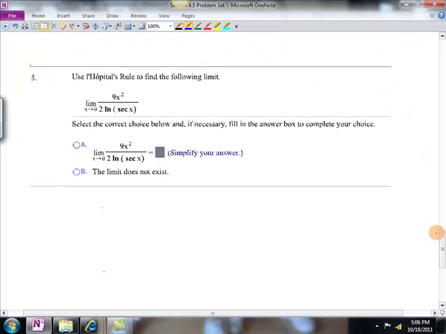All right, number 5. If you try to let x be 0, secant of 0, remember secant is 1 over cosine.